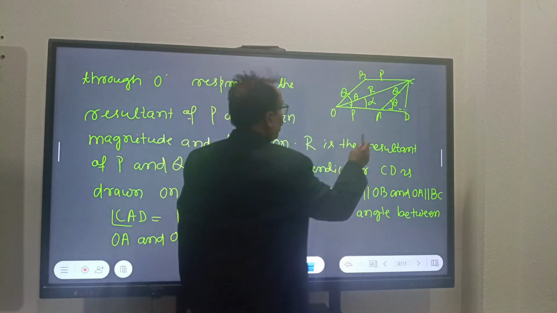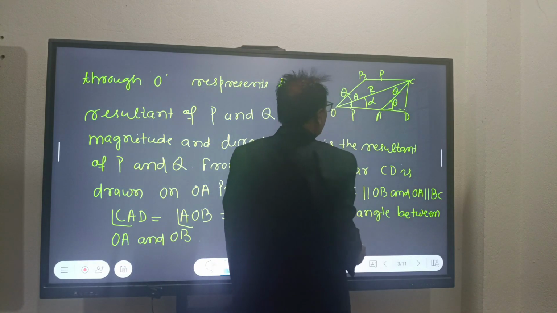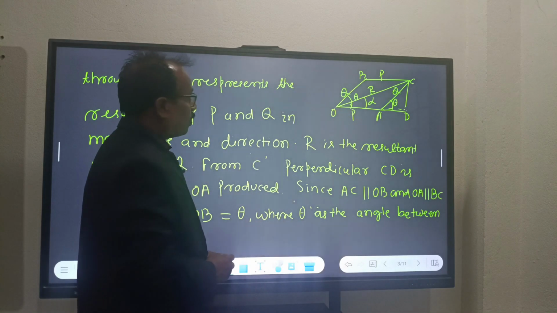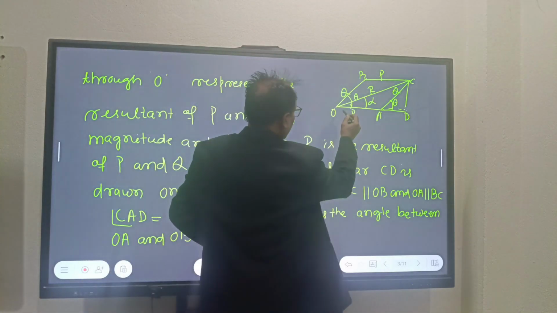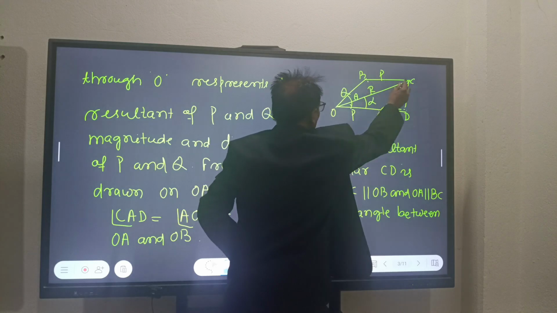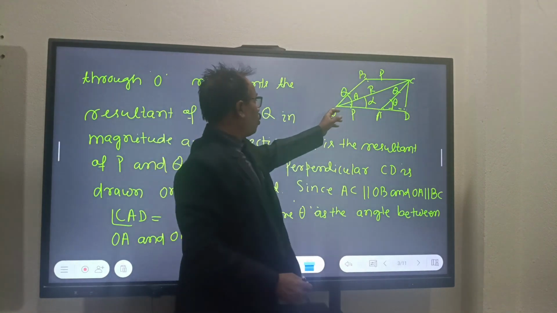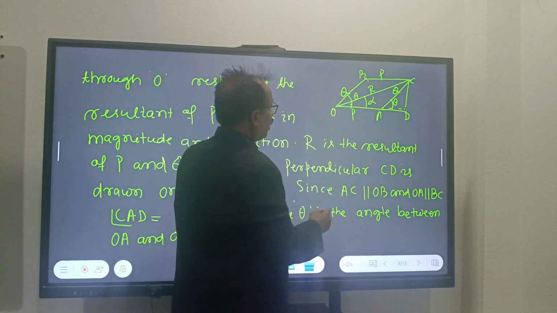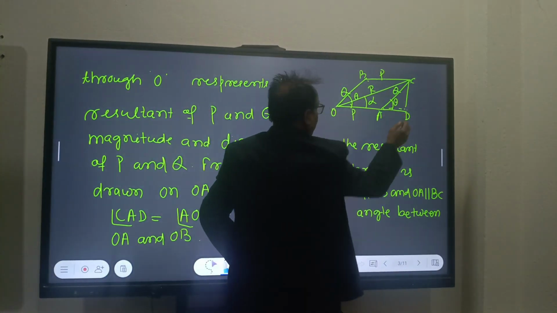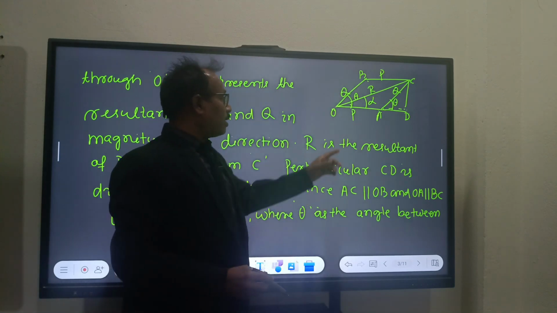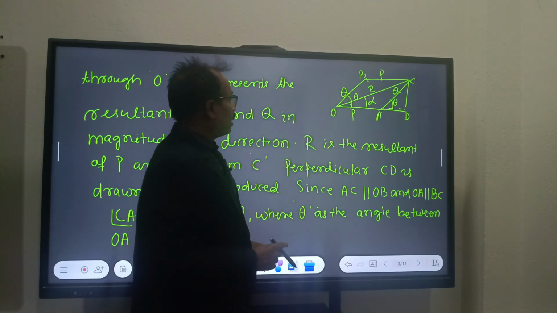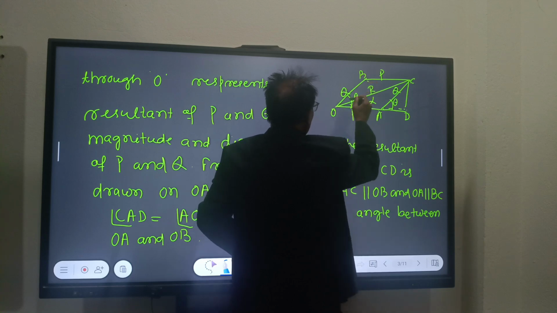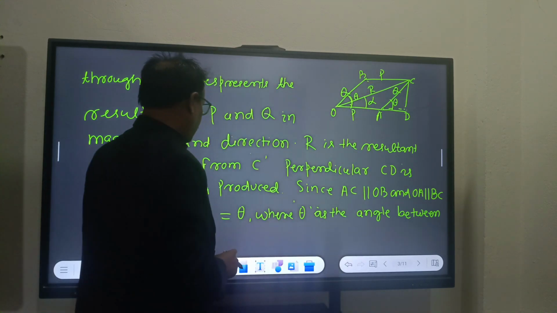That means R is the resultant of two forces P and Q. Then draw CD from the point C, meeting OA produced. Here, since OA is parallel to BC and OB is parallel to AC, let angle CAD be theta, and then angle AOB is also theta.